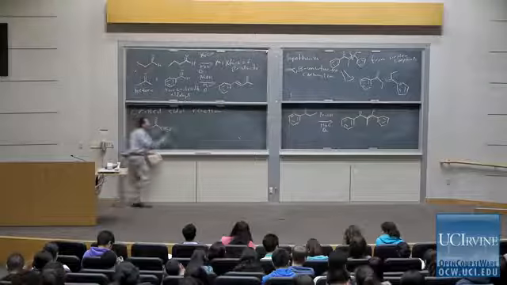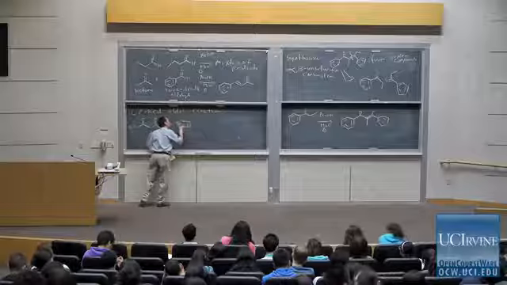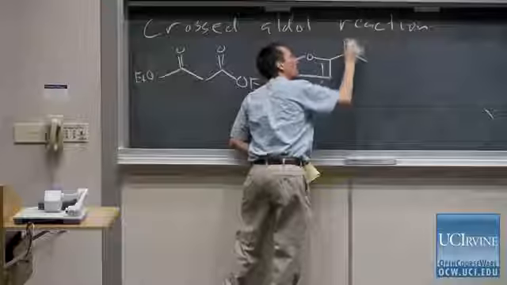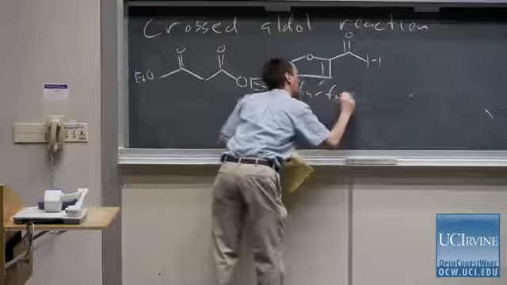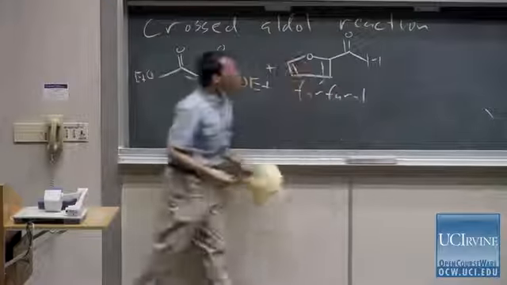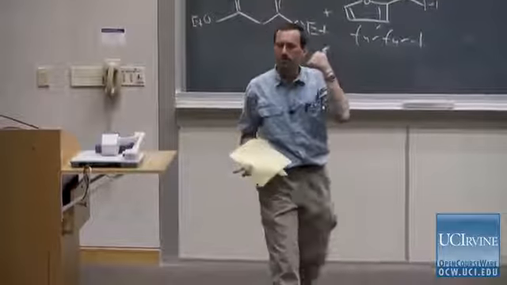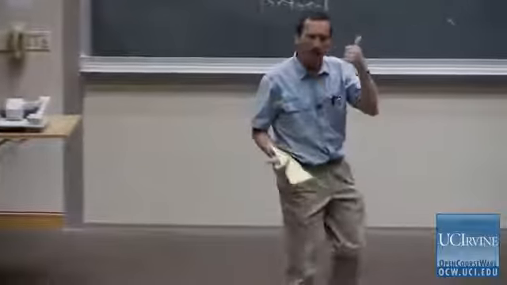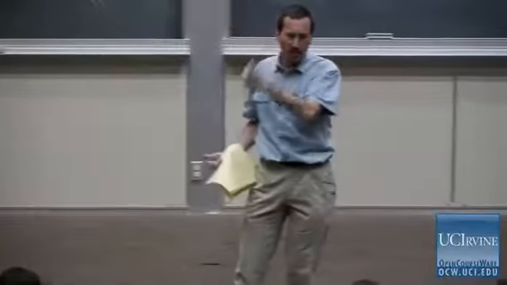Now, let me give us, just for the sake of some diversity, a funny-looking aldehyde. It's called furfural. When you learned about aromatic compounds, you learned about benzene, but then you probably also read about all the 5-membered ring aromatic compounds.